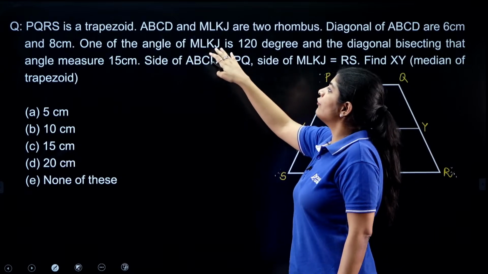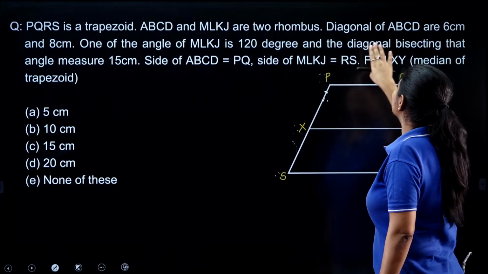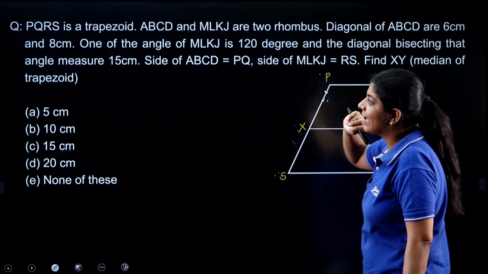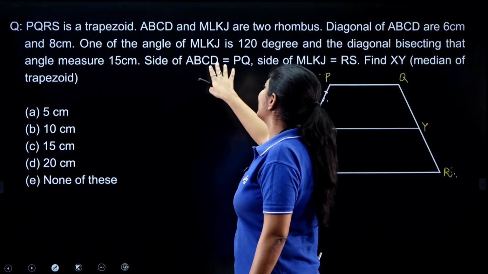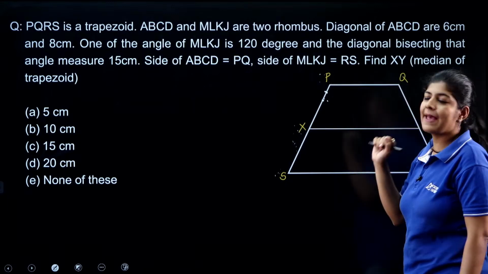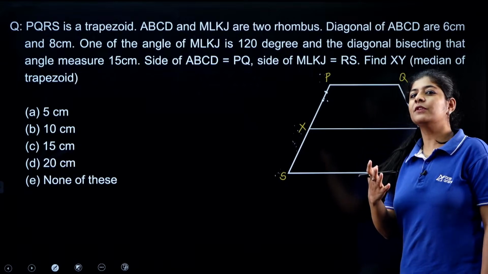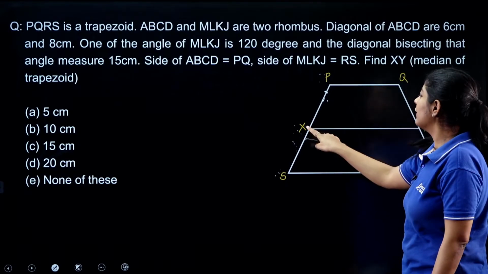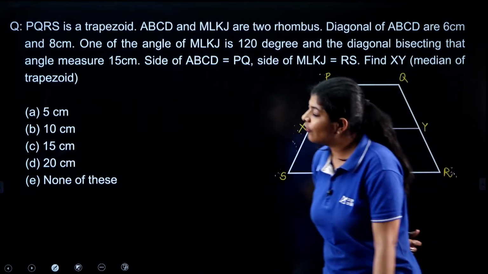One of the angles of MLKJ is 120 degree, and the diagonal bisecting that angle measures 15 centimeter. Side of ABCD is equal to PQ, and side of MLKJ is equal to RS. Now with the help of this data, you have to determine the length of X and Y, the median of the trapezoid.